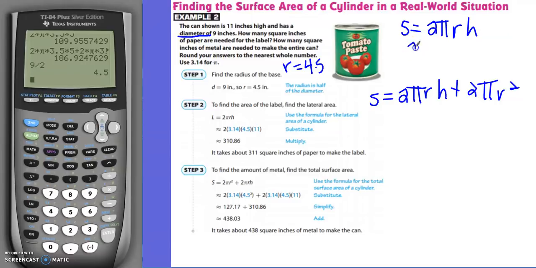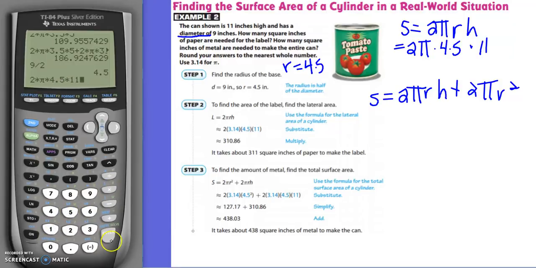All right, substitute in 2 times pi times 4.5 times 11.